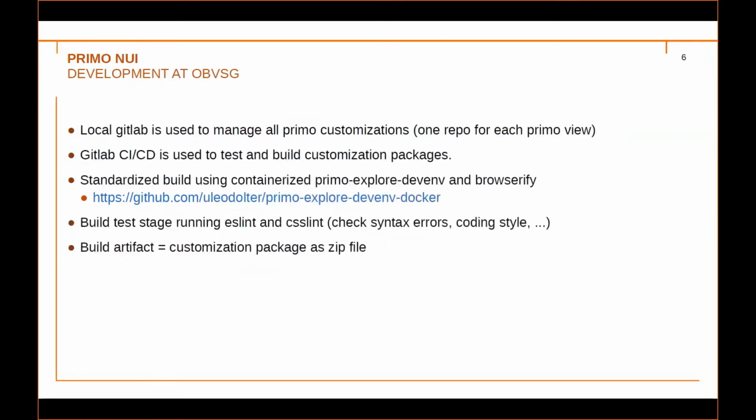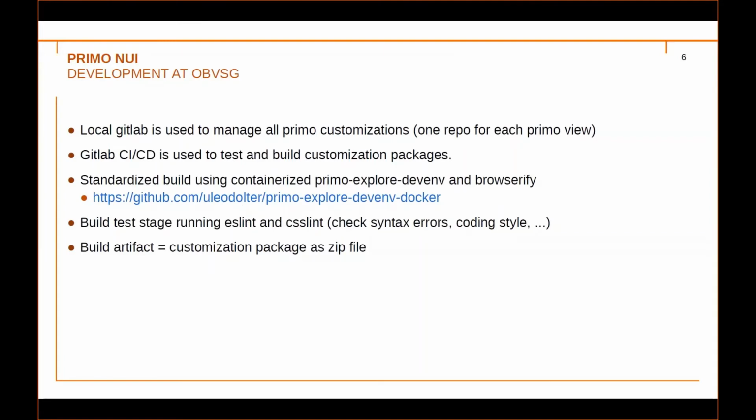Okay, how are we developing at the OBVSG? We have a local GitLab installation where we have repos for each Primo view. And we are also using GitLab continuous integration. So we have test and build stages in our continuous integration, and everything is more or less automated.